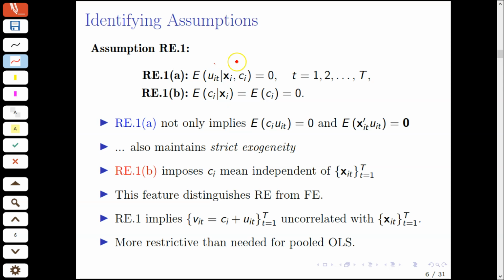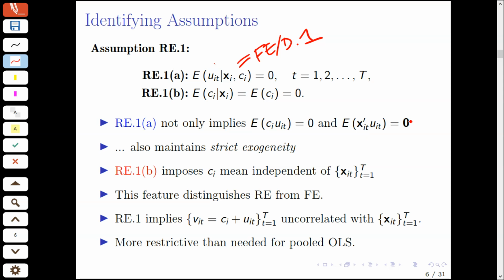Note here that the first part is simply our assumption of strict exogeneity, or what we would call FE1 or FD1. So the first part of the random effects assumption not only implies that the regressors and the idiosyncratic errors are uncorrelated, it maintains strict exogeneity.